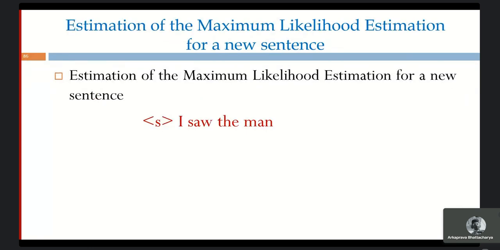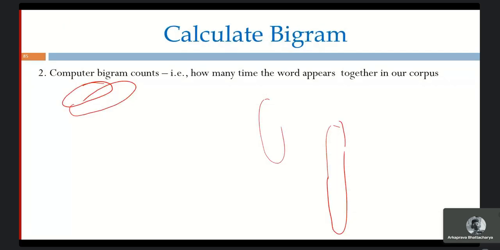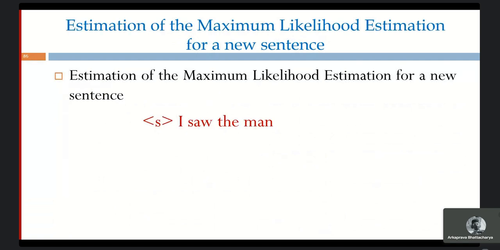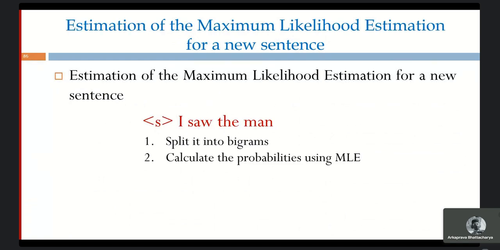Now if I want to estimate the probability of the sentence "I saw the man" for the given data, you can split this into bigrams. If I'm using a bigram model, you compute the probability using your maximum likelihood estimate.